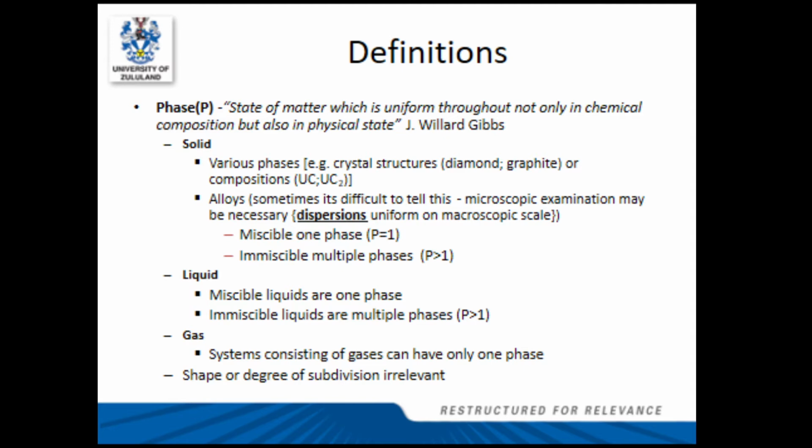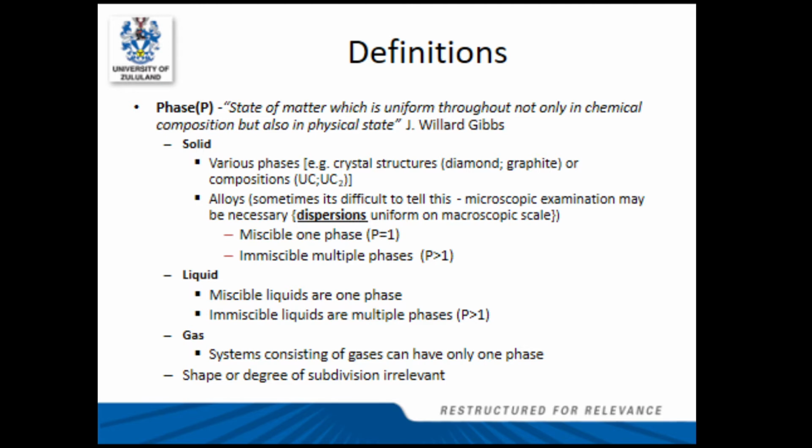When we look at the state of matter, we can have three different types. We can have the solid state. We can also have the liquid state. And the other state that can also exist is the gaseous state. Looking at the solid state, we all know that it can exist in various phases, like in the crystal structure, for example diamond and graphite.